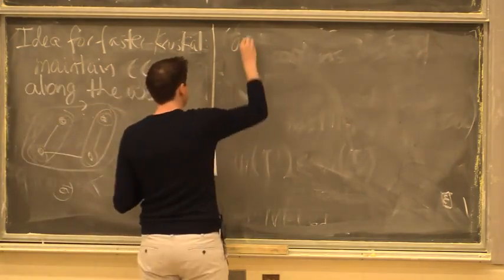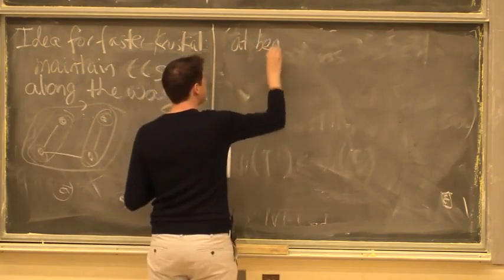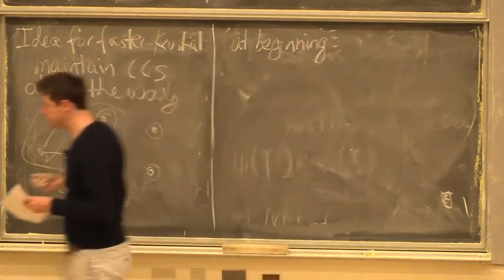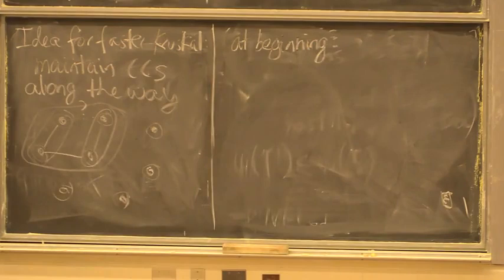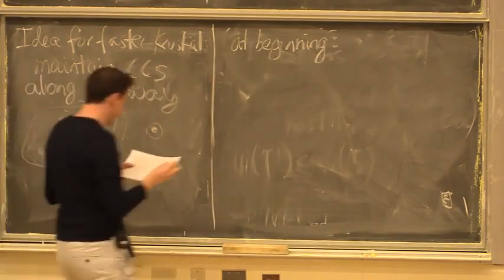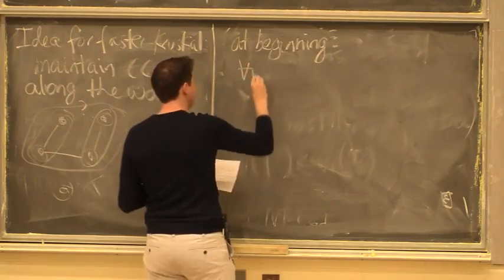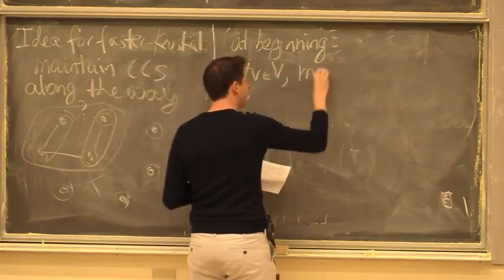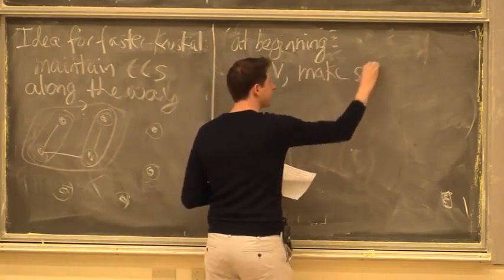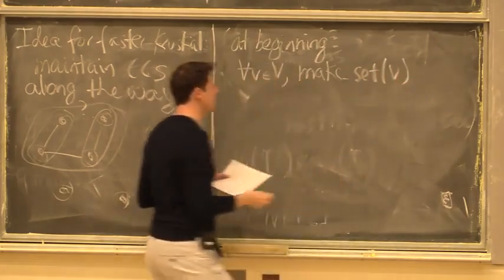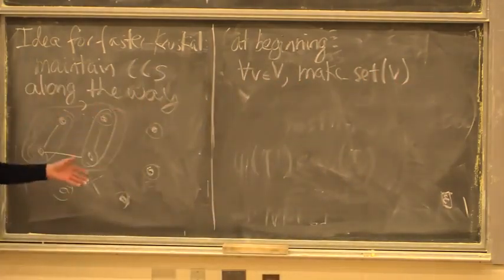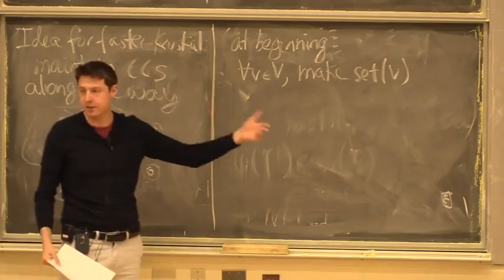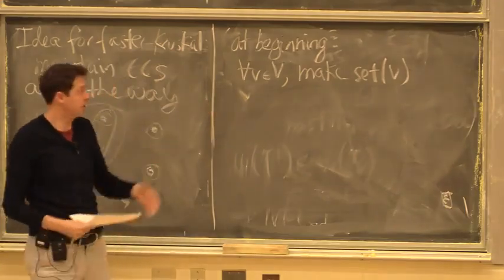Slightly more precisely, at the beginning, for every v in the vertex set, we're going to so-called make set of v. This creates the initial singleton sets. So I am associating to every v a unique set ID, basically. Its own connected component.